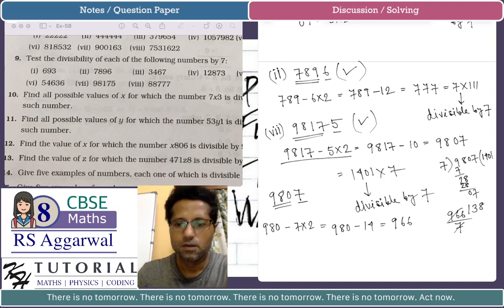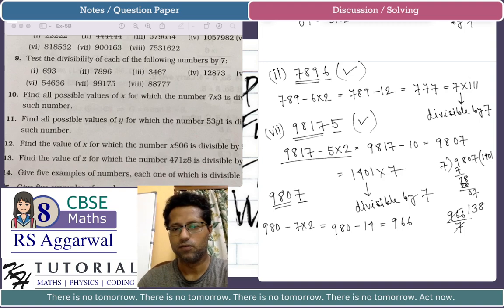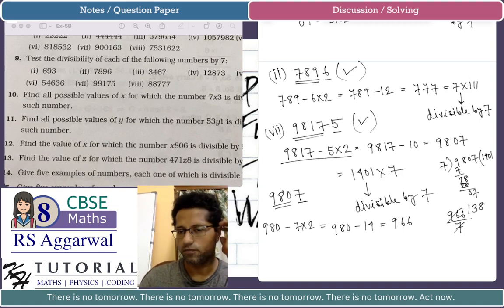Okay. So this way, after finding the difference of the number formed by excluding the unit digit and twice the unit digit, if that itself turns out to be a very big number, which is difficult or time consuming to check for divisibility by 7, you can apply the same rule on that number.